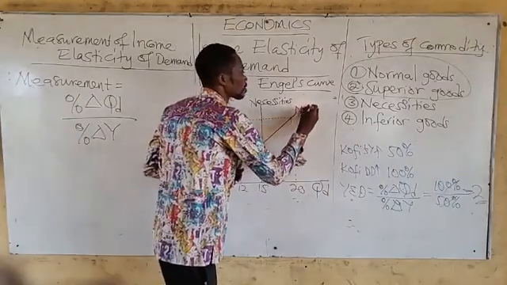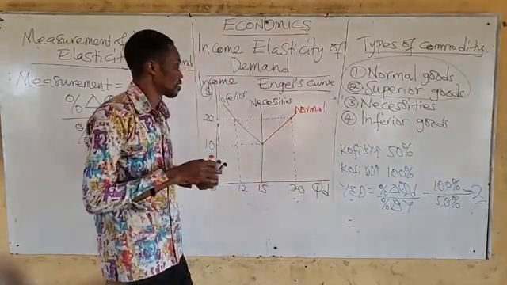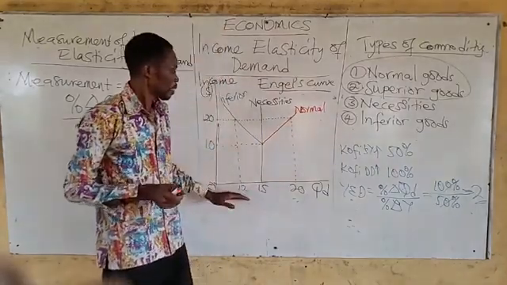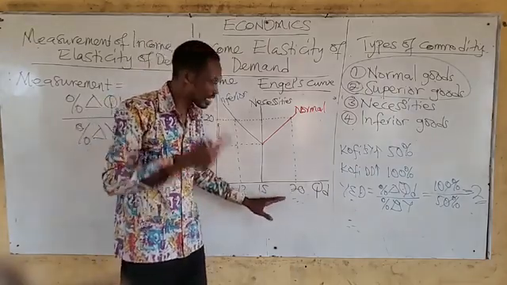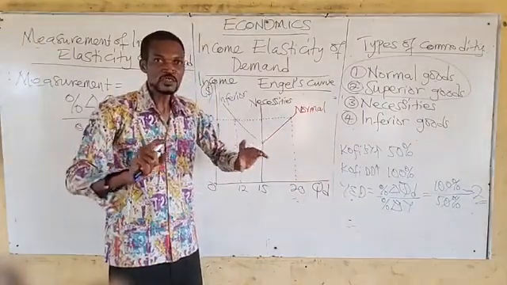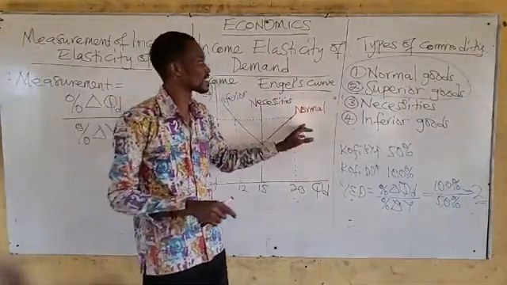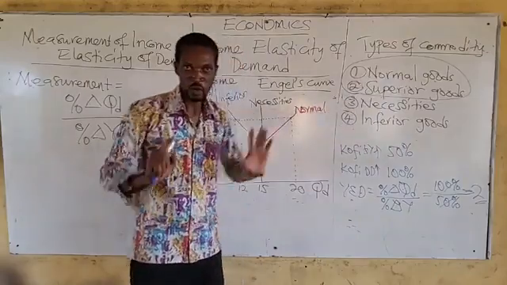If you are the SHS, once the increase in the income has resulted in an increase in the demand, the commodity is a normal commodity. The SHS student, you don't bother your head about whether it's a normal commodity or superior commodity. Your answer should be it's a normal commodity.